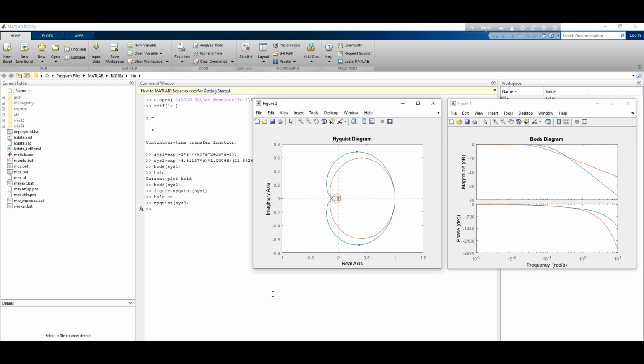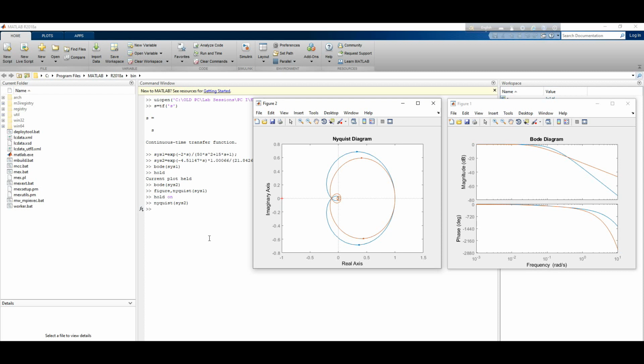So this is the whole idea of this experiment, by which we can determine the process parameters from a real-time practical process itself by giving it a step input and determining the values of gain, delay part, that means dead time, as well as time constant, and also we can plot the Bode as well as the Nyquist plot for these two systems, right, and compare both. This is the whole aim of the experiment.